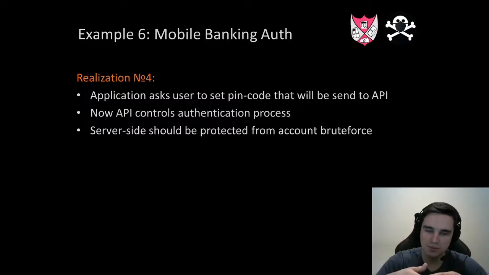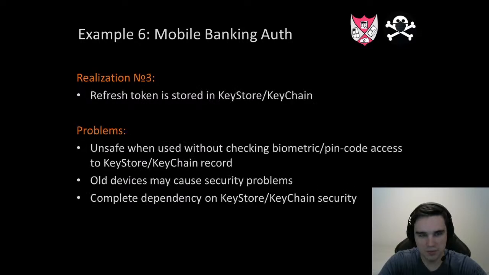And the last realization: the application asks the user to set a pin code, and this pin code is sent to the API. So the API controls the authentication process, and in this case, you can control anything like brute force, like enumeration and other things. For example, in case of using KeyStore Keychain, the user can't use any pin code because it will be the pin code of the device only.